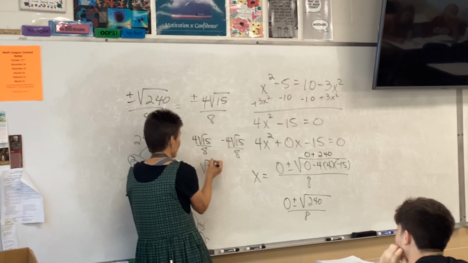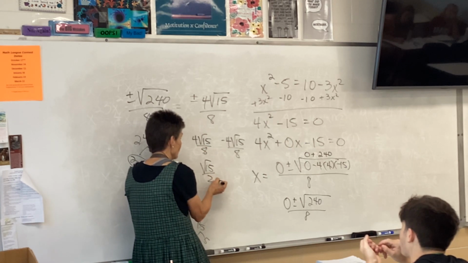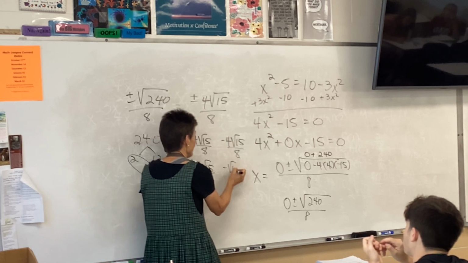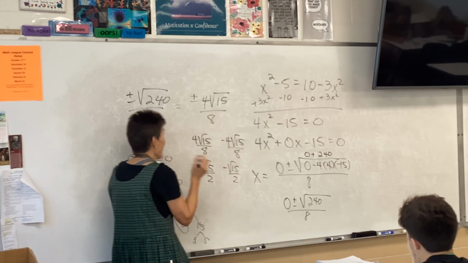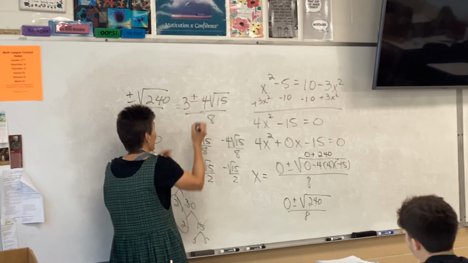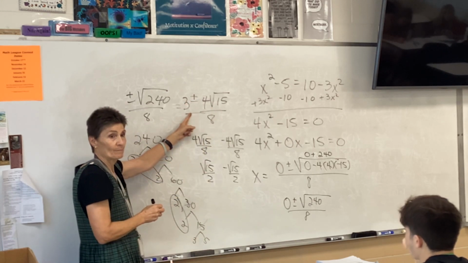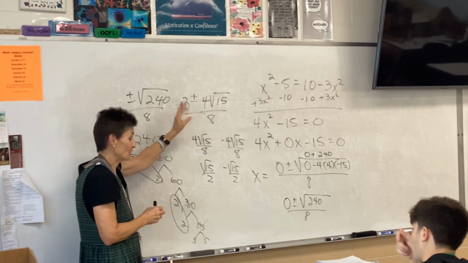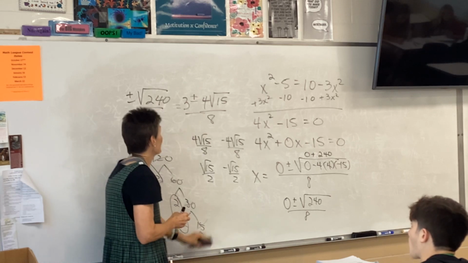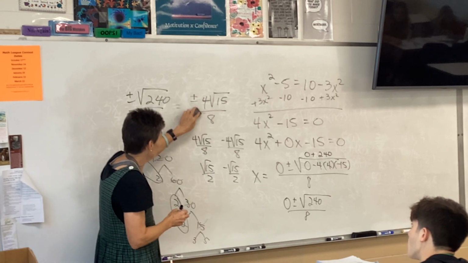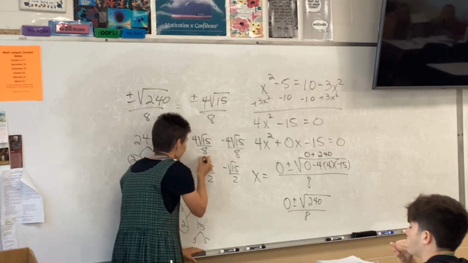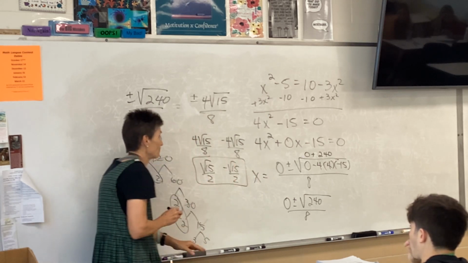Yeah. So we get root 15 over 2 and negative root 15 over 2. Now, I wouldn't be able to do that if I had like a 3 out here, but there's nothing out there. So it's just like having 4 over 8. So here are the 2 answers to the problem.